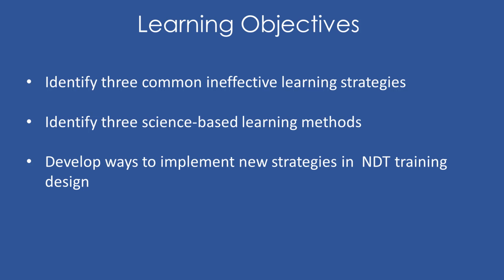The learning objectives for this presentation are to identify 3 ineffective learning practices, as well as identify 3 science-based and effective strategies. These 2 objectives will lead to potentially forming ways to implement new strategies within your own neurodiagnostic training program.